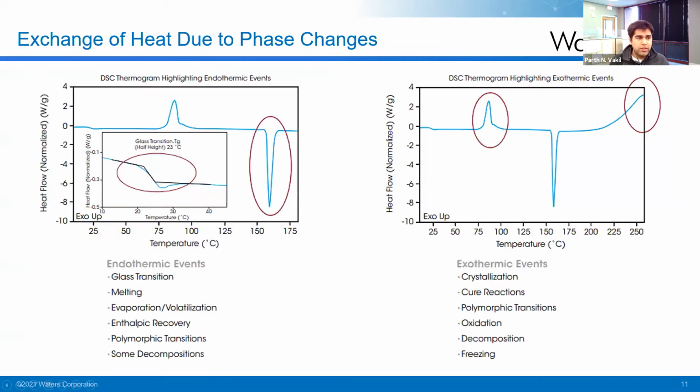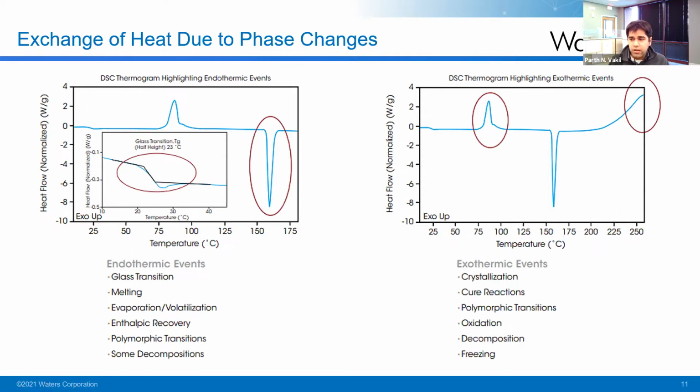When you think about a DSC, the types of data that you typically look at are plotted on a curve where you will see temperature typically along the x-axis, and what we call normalized heat flow on the y-axis. And the graphs that you see will show you peaks and valleys. Depending on nomenclature, you can see that we have exotherms facing upwards. What that means is whenever you see a peak that is pointing upwards, that means that the sample is releasing heat.